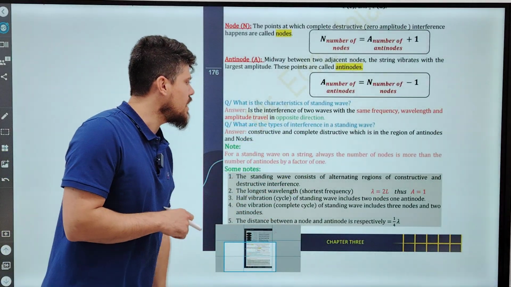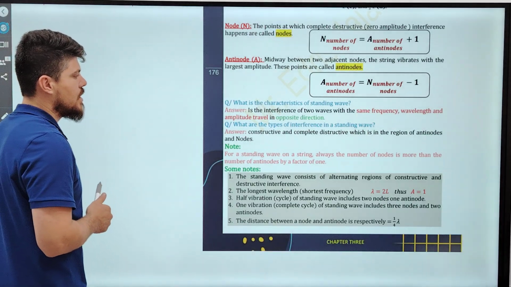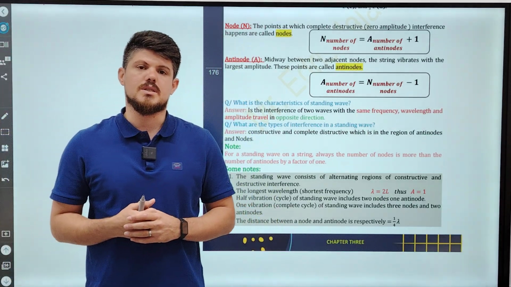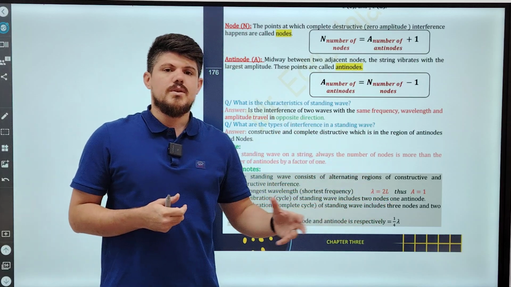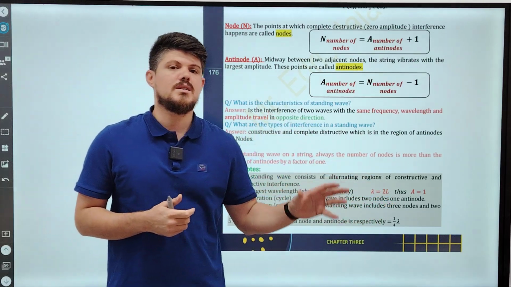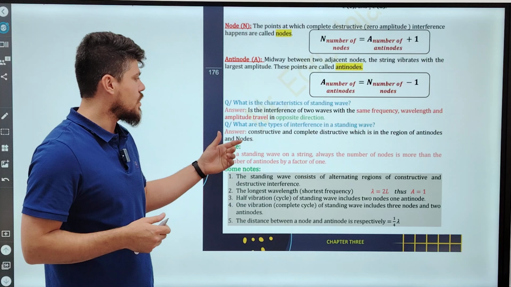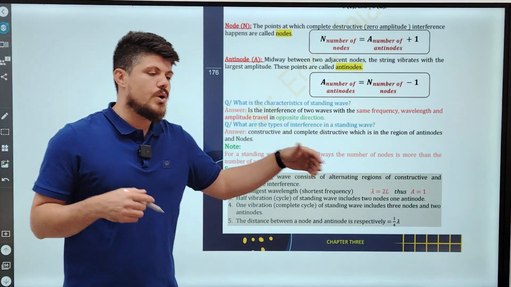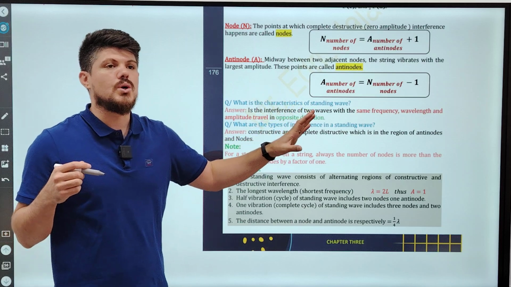What are the types of interference in standing waves? In standing waves, we have 2 different types of interference: complete destructive and constructive. Constructive interference produces an antinode.